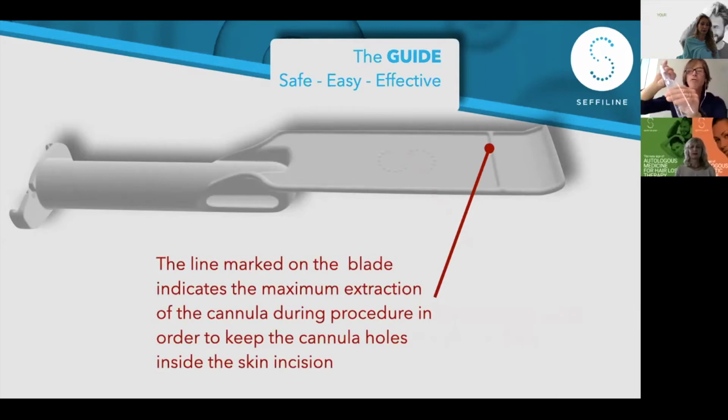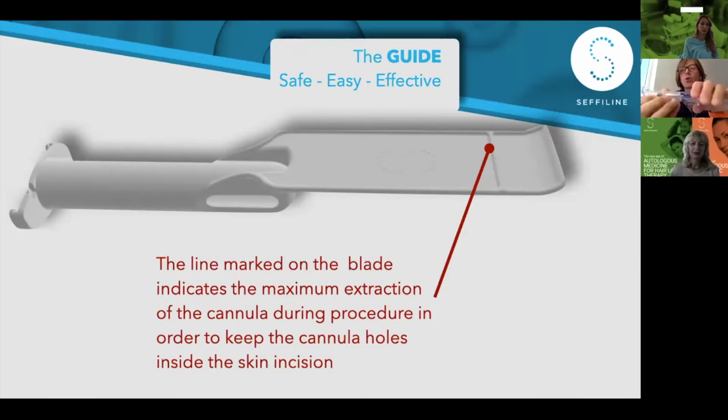When you perform the back and forth movement, you know that you have to stop the extraction of your cannula from the little hole of the skin when the line reaches the hole of the skin. And so you are sure that all the holes of the cannula stay inside the tissue, and so your syringe doesn't lose the pressure.